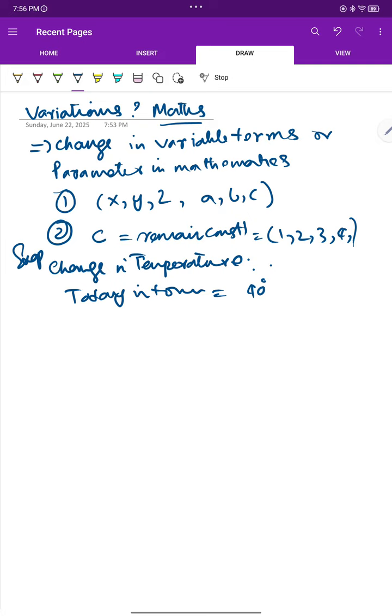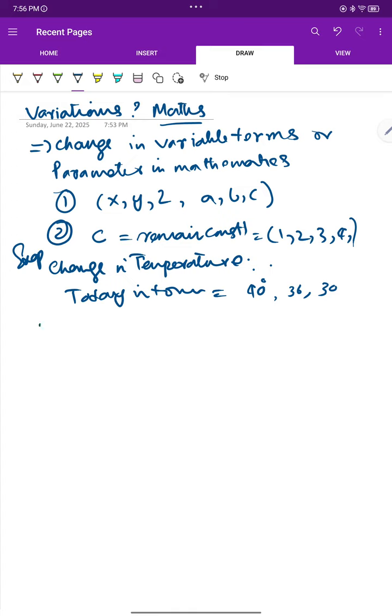In the afternoon maybe it's 40 with humidity, and later in the afternoon it is going to change to 36. In the morning it is 30, plus humidity. So this is the best example of variation, temperature variation.